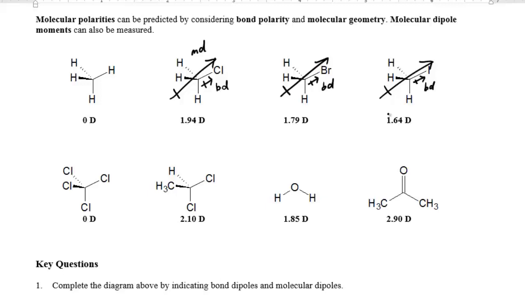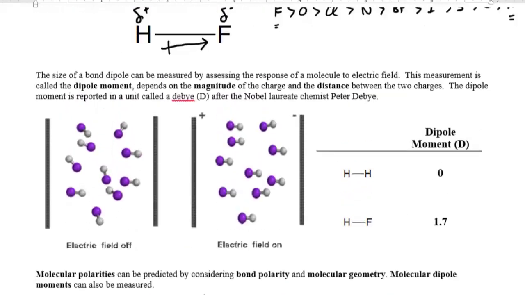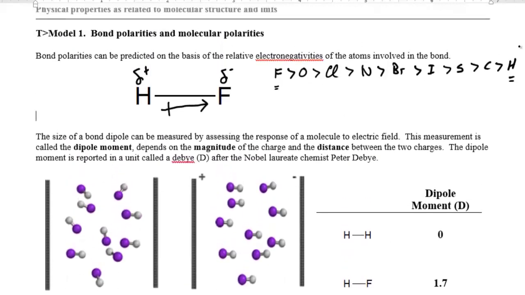Now, as you might expect, the chloromethane would in fact be more polar than the iodomethane. This is because the difference in electronegativity between carbon and chlorine is greater than the difference between carbon and iodine. Now, you can consider that by looking at the periodic table, but also if you look at our mnemonic here.